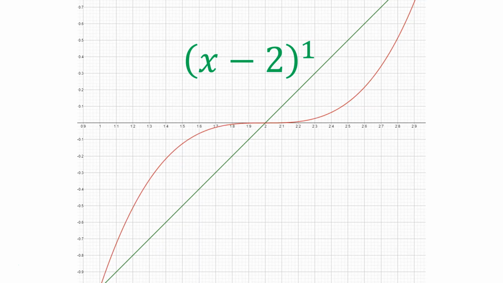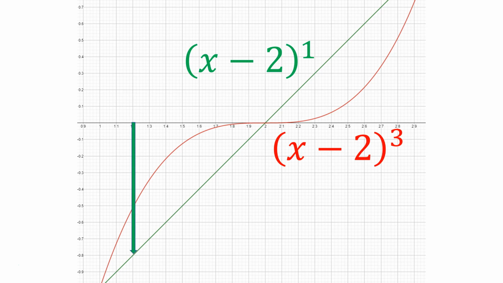And now I already have x minus 2 to the first. That's the green line. But then I have another line that is a little more curvy, and that is x minus 2 cubed. Let's compare the outputs. So that green arrow represents the following. When, for example, about 1.2 is plugged into the expression x minus 2 to the first, it gives an output of about negative 0.8.